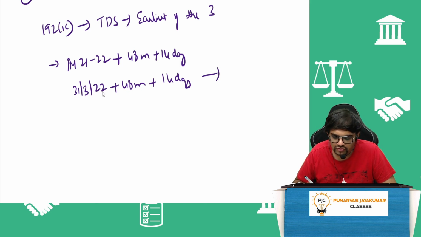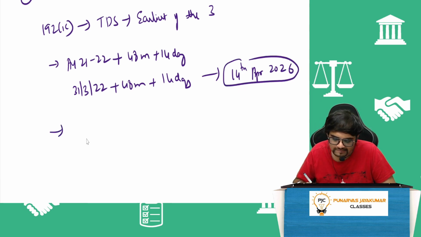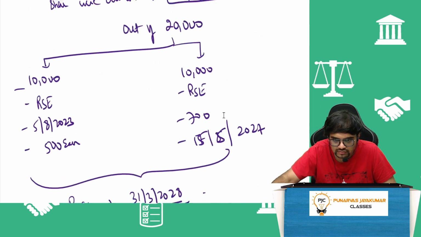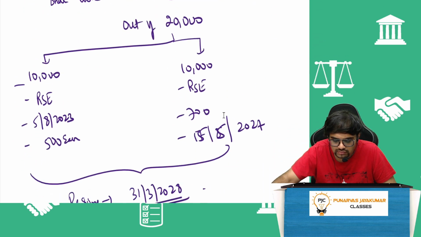23, 24, 25, 26, 31st March 26 plus 14. So April 14th, 2026. Point number one. Point number two: 14 days from the day he sells or makes the transfer.